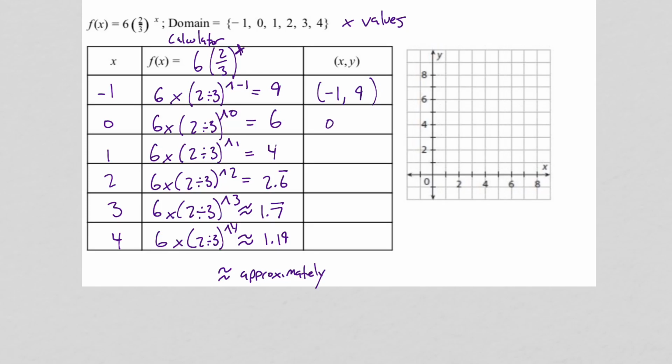And of course, these are actual points on the graph: (-1, 9), (0, 6), (1, 4), (2, 2.6), (3, 1.7), (4, 1.19), about. So if I actually graph this thing, this one would start way up here, and then down to here, and then down to here, somewhere in there.